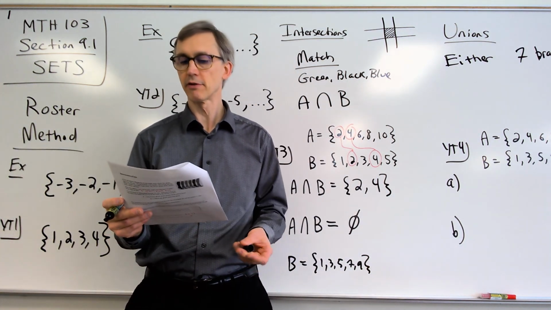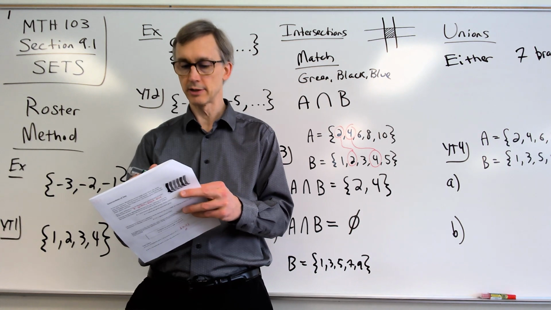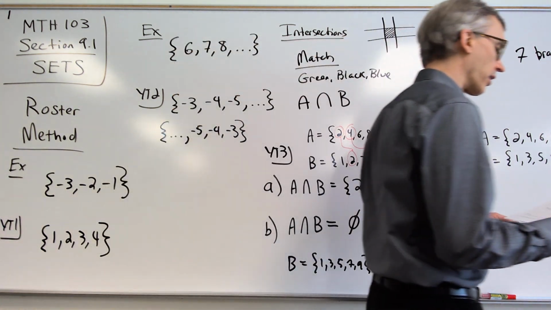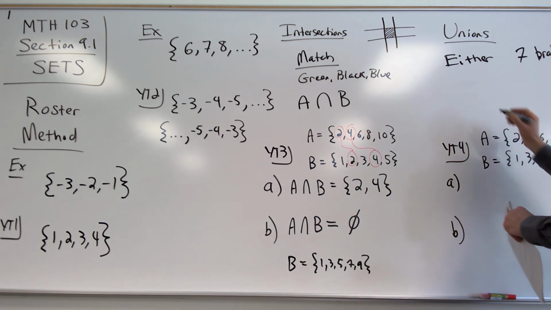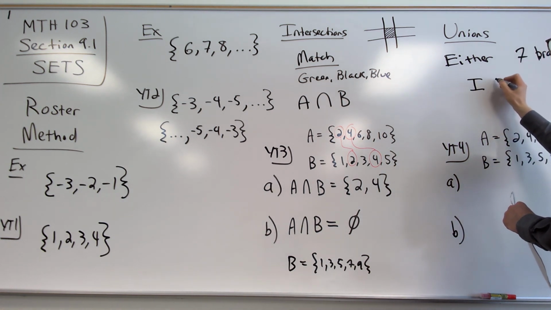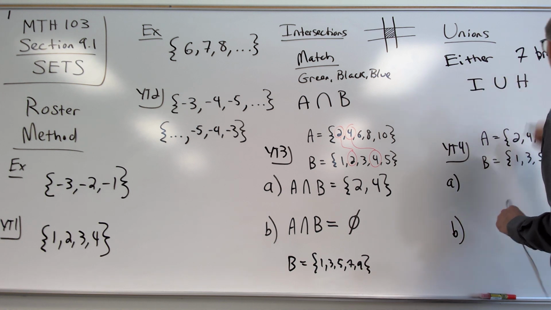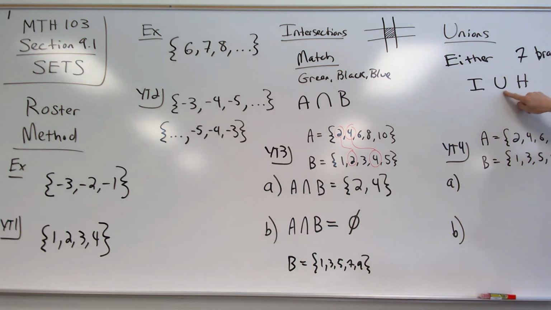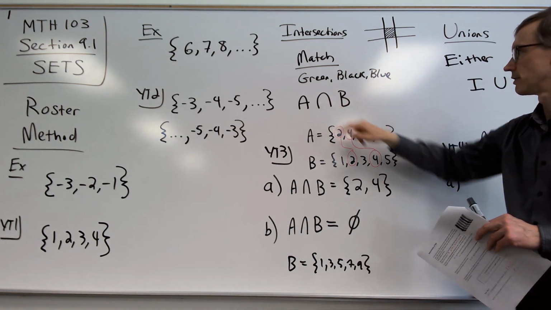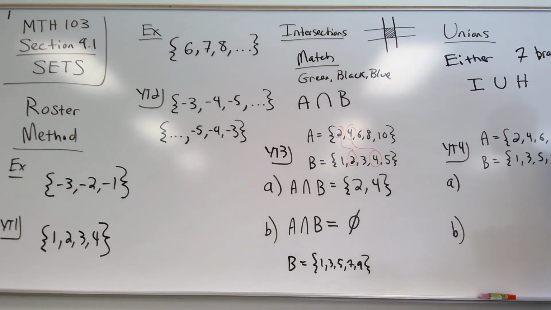Those are 7 different brands available at the 2 locations. And that is the union then between Ironwood and Houghton. And we write the union as a big U, so it's easy to remember. So Ironwood, union, Houghton. There's the symbol for union. Remember, intersection is going to be the upside down U, and then U for union.